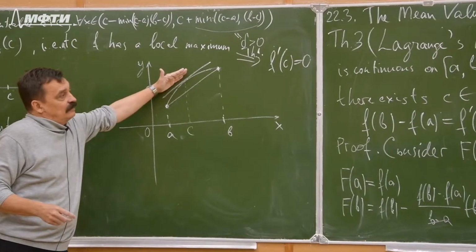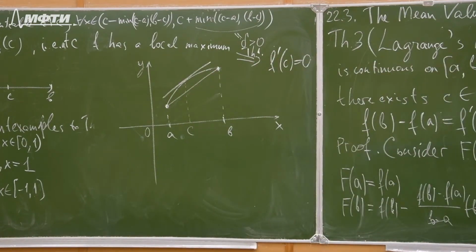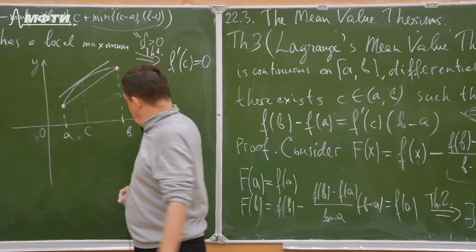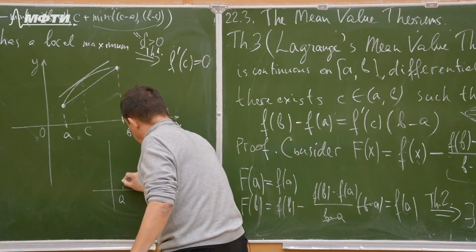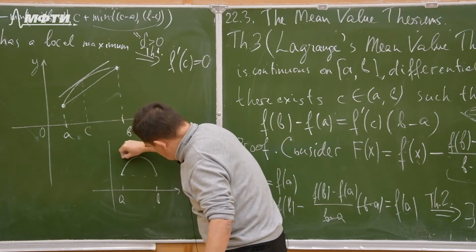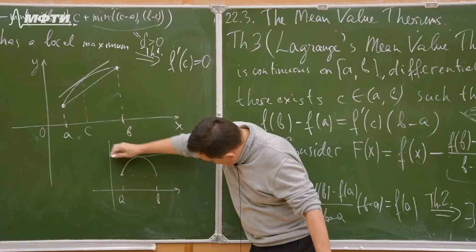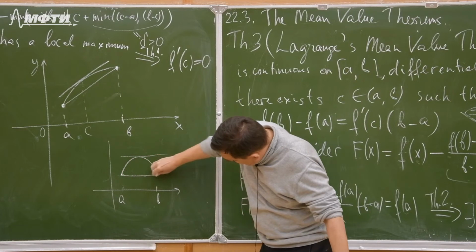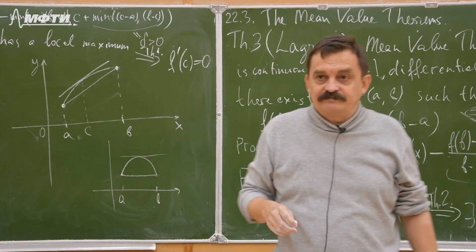So look, compare with Rolle. For Rolle, we have horizontal tangent somewhere if the function has equal values at the ends, right? Horizontal, and now look, horizontal line is precisely parallel to the line which connects endpoints of our graph, right?